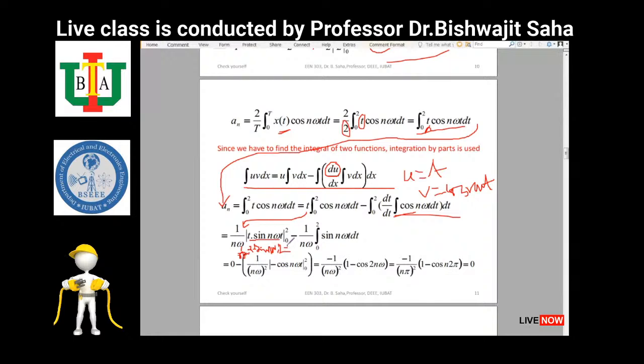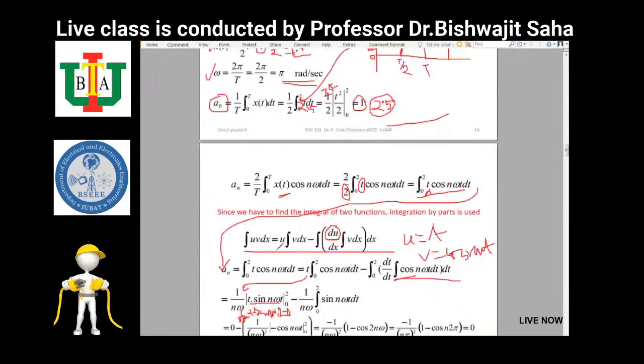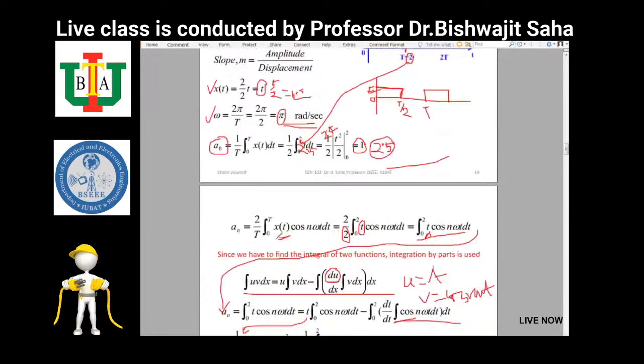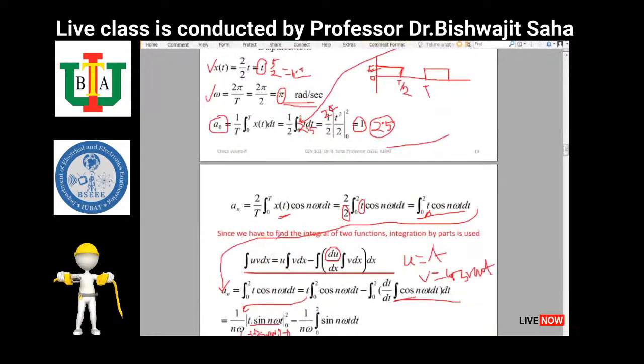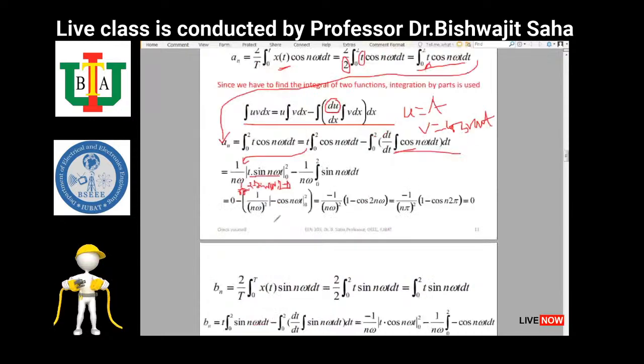0 minus 0. Okay. So now omega value, how much? Omega is right. Yes, sir. So sine 2 pi, sine n, how much? 0.